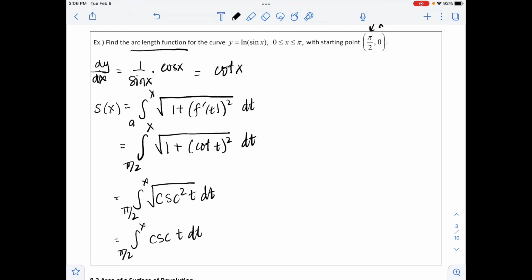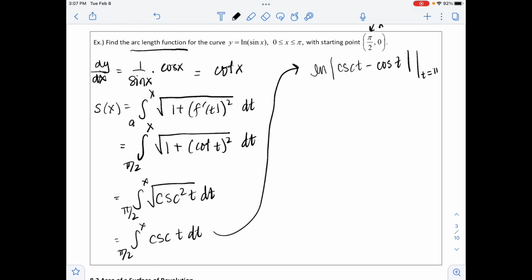And we can integrate this, and when we do, we get the natural log of the absolute value of cosecant of t minus cotangent t, evaluated from t equals pi over 2 to x. And so from here, substituting in x, we're going to have the natural log of cosecant of x minus cosine of x, minus the natural log of cosecant of pi over 2 minus cosine of pi over 2.